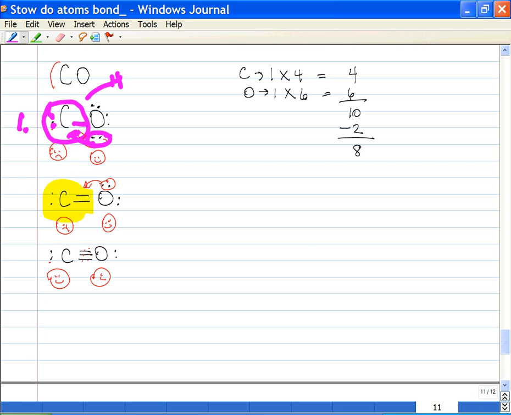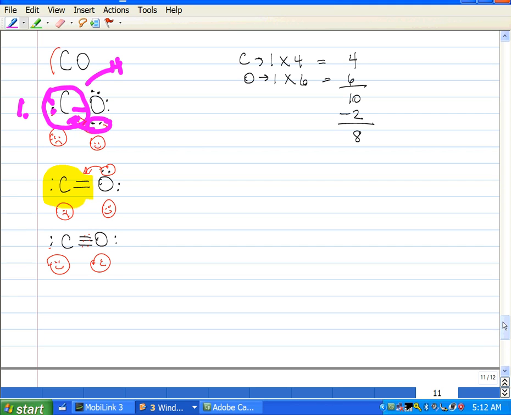But the ideal configuration, what every atom strives to do, is to have 8 electrons around it. And so that's why we have to do this sharing. And when we talk about ionic compounds, that's why we transfer electrons to where the outer shell has 8. In every transaction, we're trying to achieve 8 for all compounds except for hydrogen, where we're trying to achieve 2.